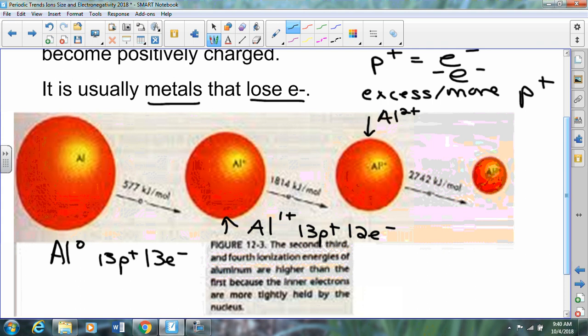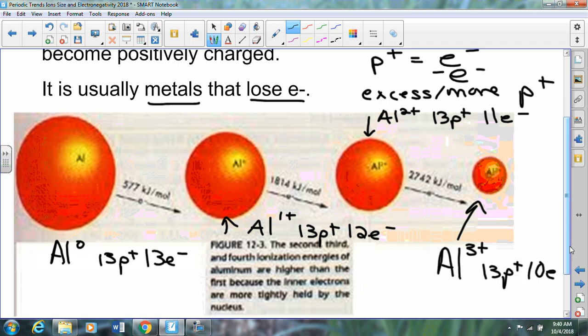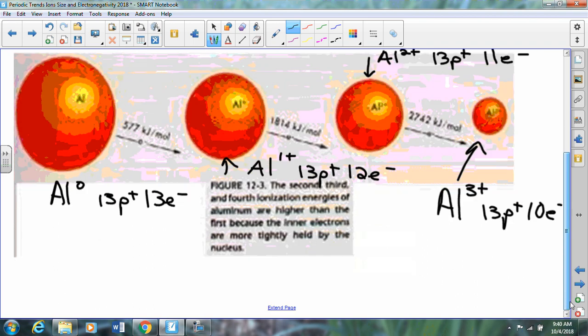It still has 13 protons, but it only has 11 electrons. And finally, this is when it reaches a level of stability, and this is aluminum 3 plus, where there's 13 protons and 10 electrons. And you can see from that that we have an excess of positive 3.